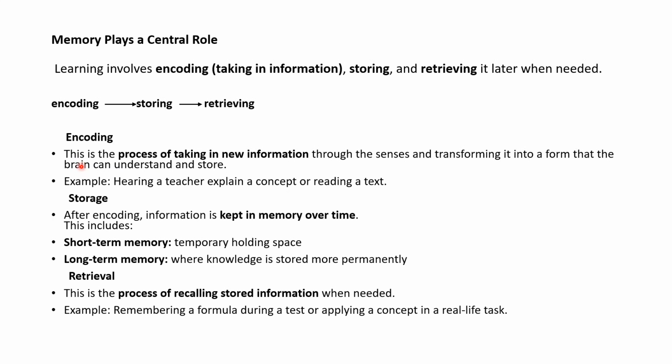It says that this is the process of taking in new information through the senses and transforming it into a form that the brain can understand and store. So when you're taking in information, you are encoding that information, but it's supposed to be something the brain can understand and also can store. For example, hearing a teacher explaining a concept or reading a text.